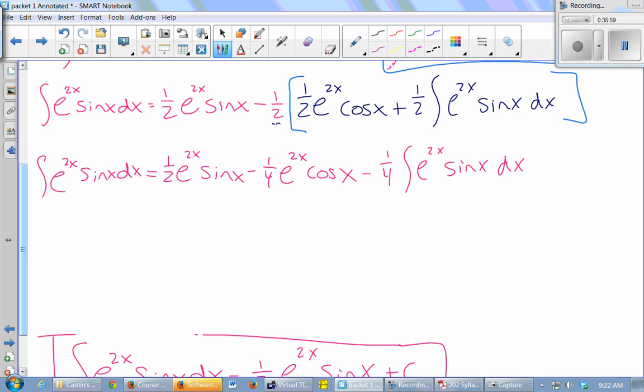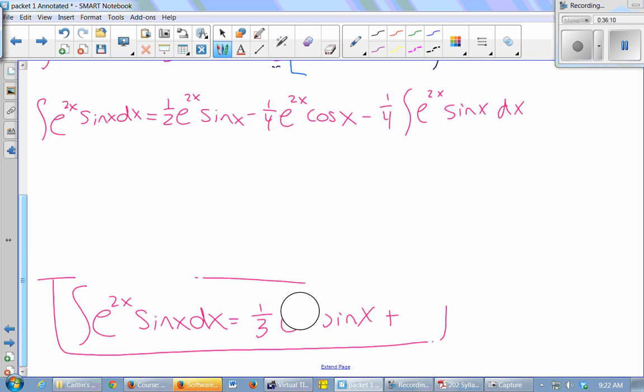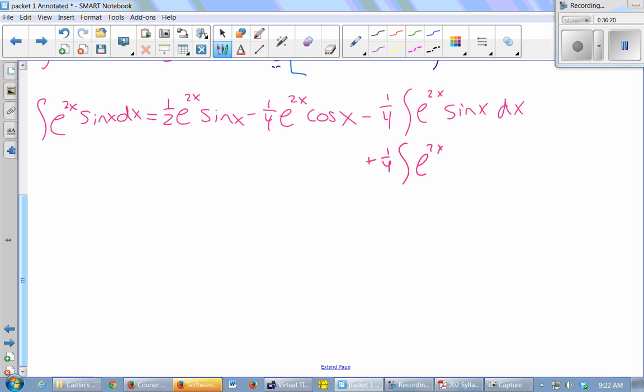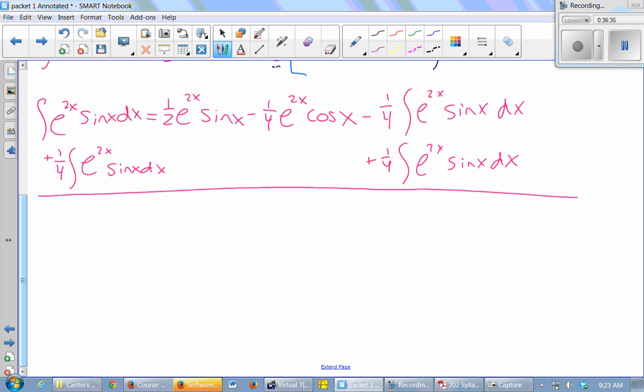All right, so I have no like terms to combine on the right-hand side, but I do have a 1/4 times the integral I'm looking for. So I'm going to add that to both sides. Okay, so 1 plus 1/4 is 5/4.